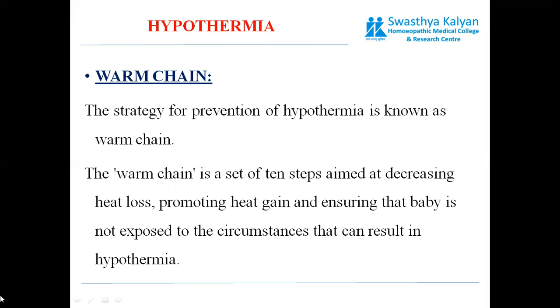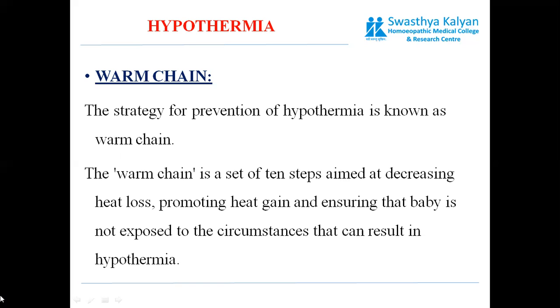So basically, what do we understand by warm chain? It is a strategy for prevention of hypothermia. This warm chain contains 10 steps, and the aim of the warm chain is to decrease the heat loss, to promote heat gain, and to make sure that the baby is not exposed to any circumstances that can lead to hypothermia.